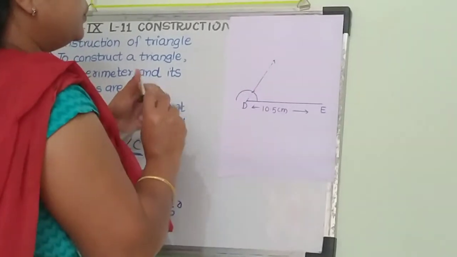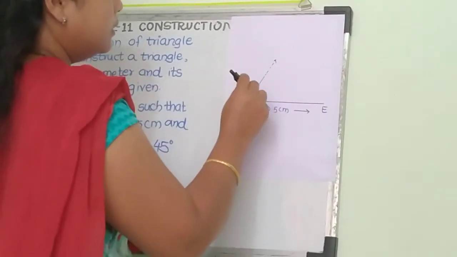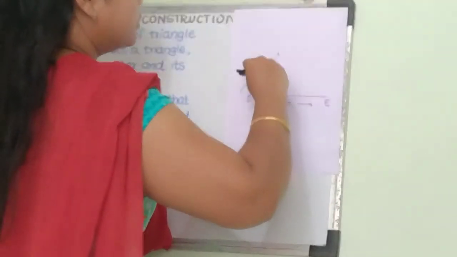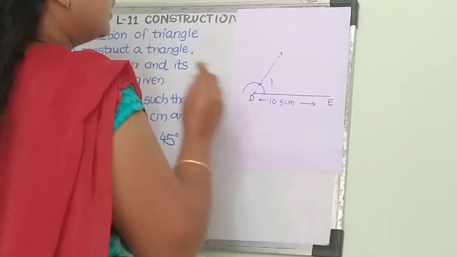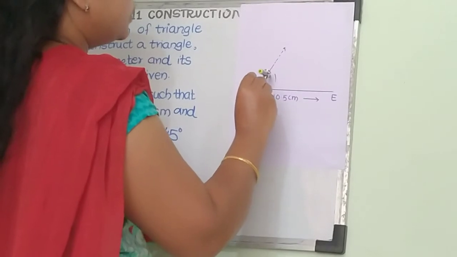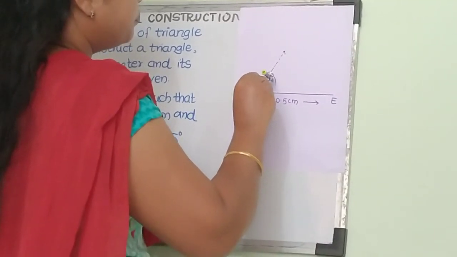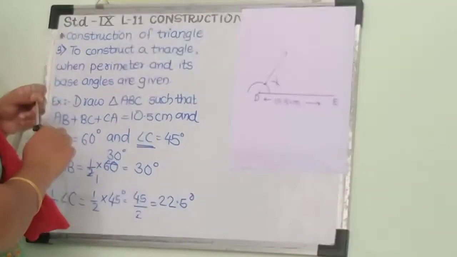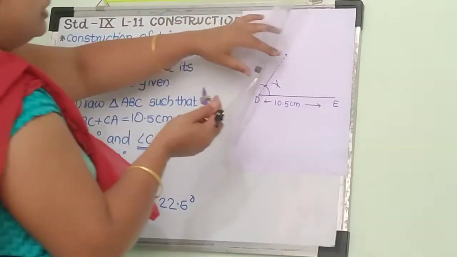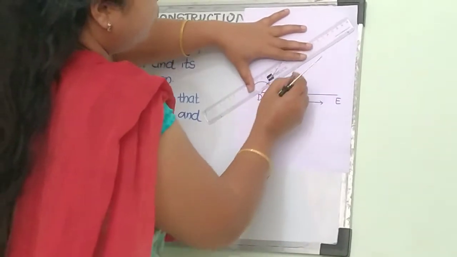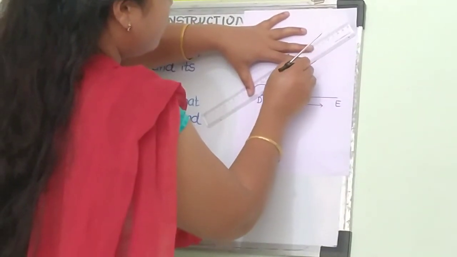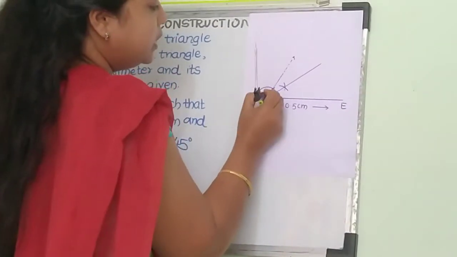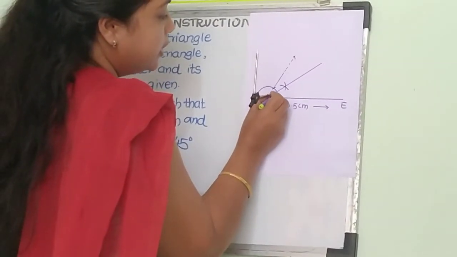Then I draw the angle bisector of 60 degree. I take more than half with a fixed length and mark the arc from here. We know how to draw the angle bisector, and now it is our required angle, which is 30 degree.